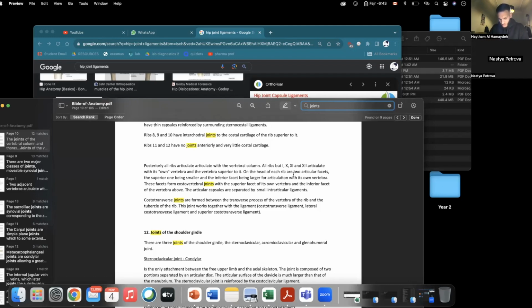Yes, maybe we can do the wrist joint. Okay, let's try. Where is it? I'll give it to you. Yeah, let's do wrist joint. Here, wrist joints of the hand.